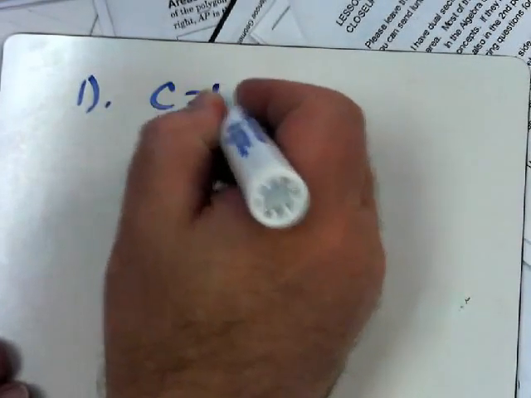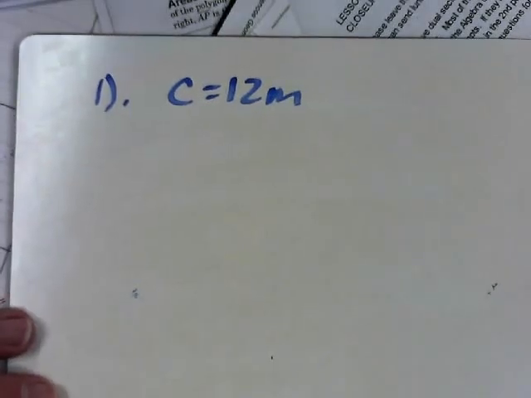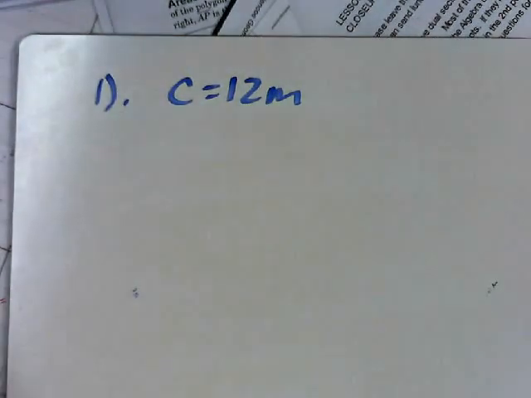Looking at problem number 1 on that page 34, it has C equals 12M. Yes, I realize that it doesn't have a K, a Y, or an X in it, right? But when you're talking about direct variation forms, it doesn't matter what the letters are. If I compare it to those 5 or 6 things that I wrote down, which one of these does it go with?